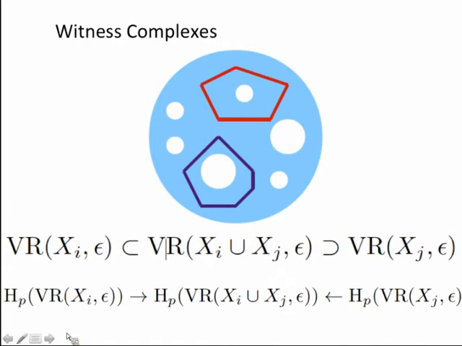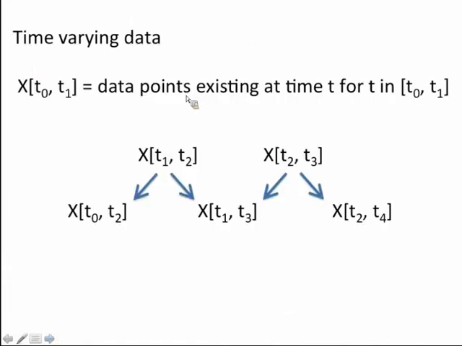There's one additional application of zigzag persistence, and that is when we use time-varying data. So maybe we have a data set that at time 0 might be the 3 points, and then at time 1, maybe these 3 points get really close, and then maybe at time 2, they do other types of things.